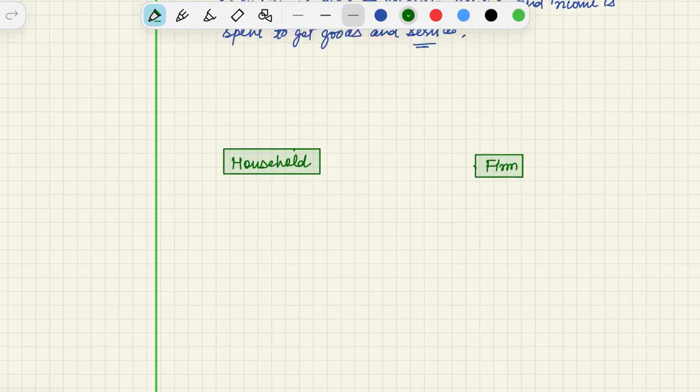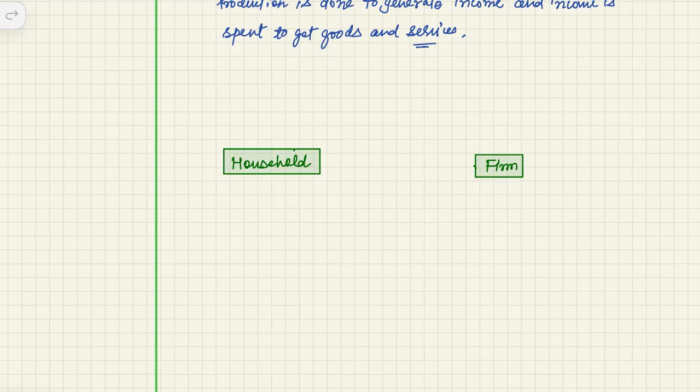Very simple, households provide factors to firms.